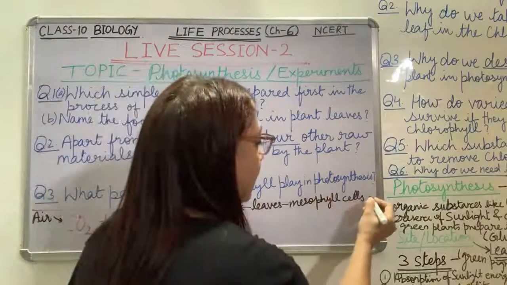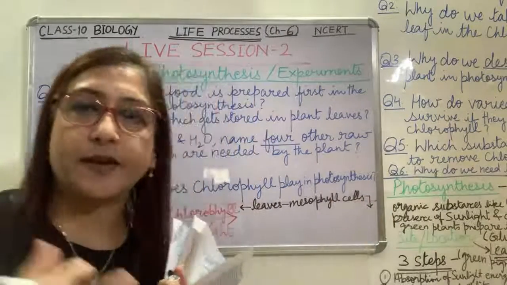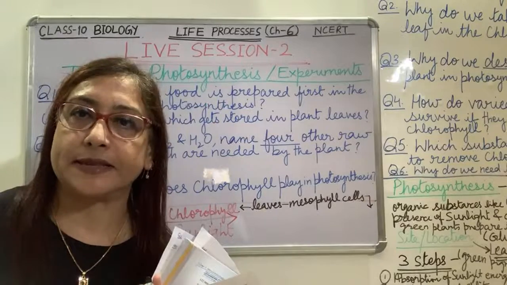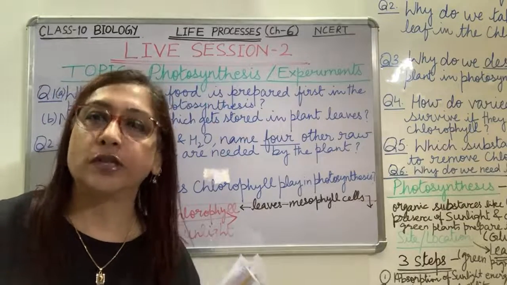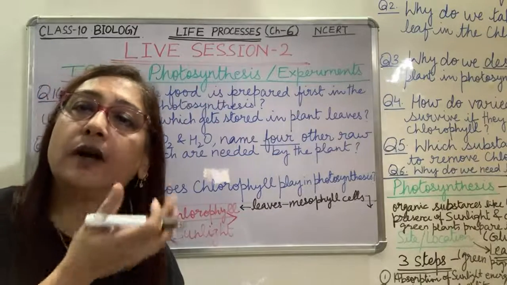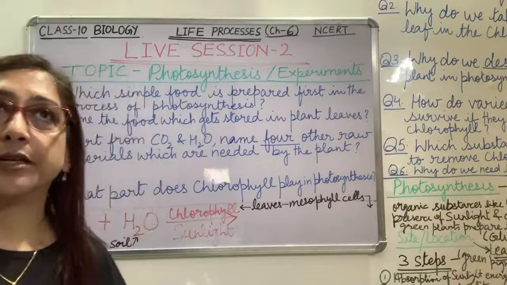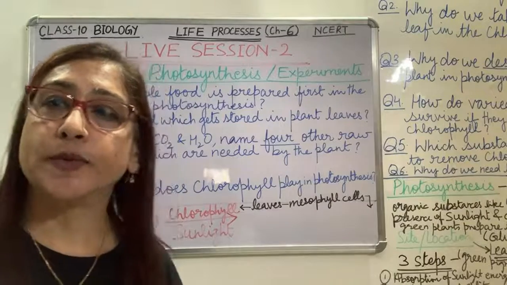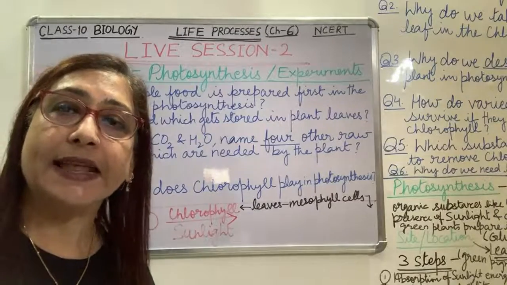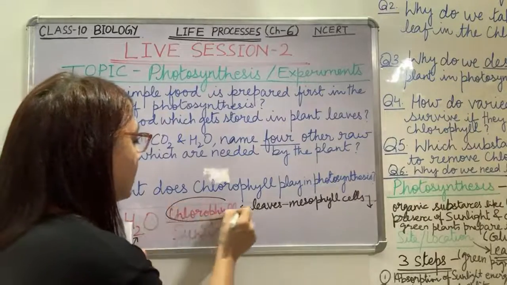And where exactly in the mesophyll cells? Children, as you know, in a cell, whether it's a plant cell or an animal cell, there are several organelles present, like mitochondria, Golgi body, vacuoles, ribosomes, and many more. So in which organelle is this green pigment chlorophyll present?